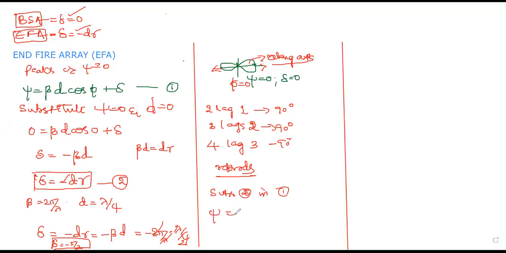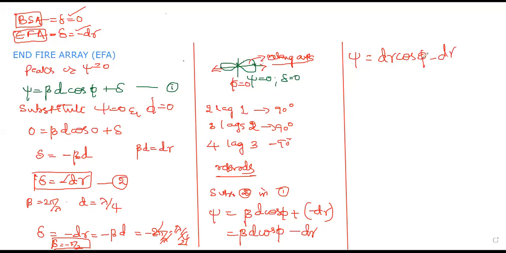So you get xi equal to beta d cos phi plus delta, where delta is minus dr. So you get beta d cos phi minus dr. You know the value of dr, that is, beta d is nothing but dr. So substitute beta d as dr: dr cos phi minus dr, which is equal to dr times cos phi minus 1. So it is dr (cos phi minus 1).